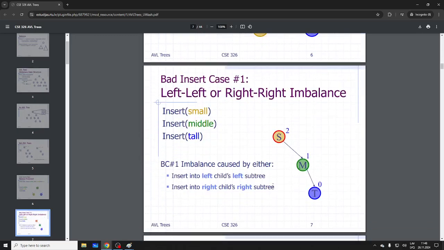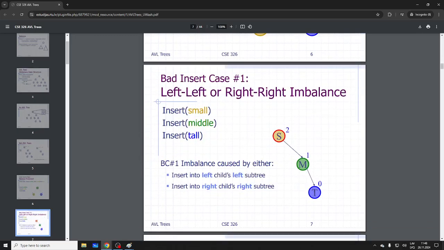In this case, insert small, middle, tall, and this breaks. So we started with the smallest, then the middle, and then the tallest. The solution is that the middle will rotate up, and small goes down. Easy. This one we know how to solve.